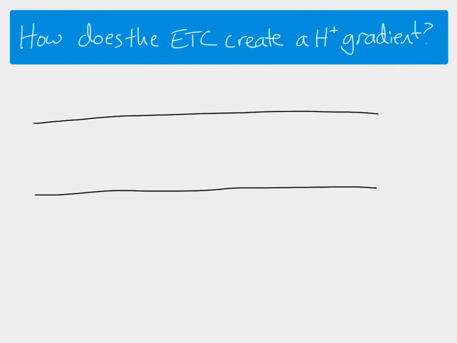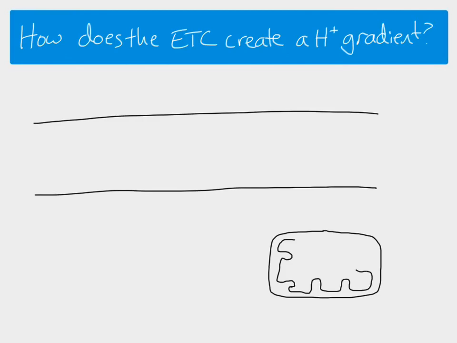In fact, let me just draw it quickly down here. So if you imagine that here is our mitochondria, there's the outer membrane, and then the inner membrane looks like this, with all these folds on it which are called cristae. So this is our outer membrane, this line here, and this line is the inner membrane.